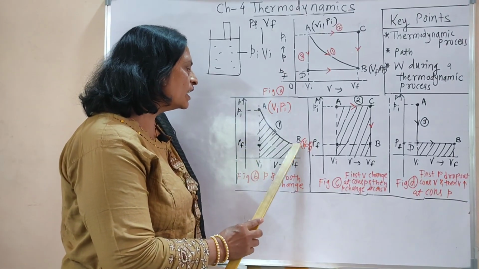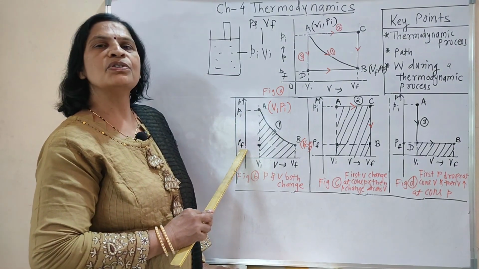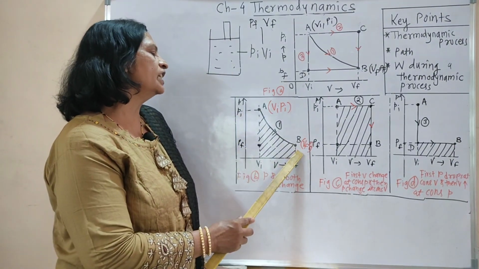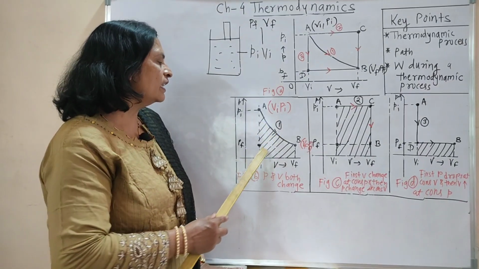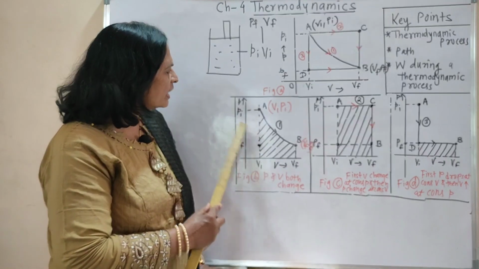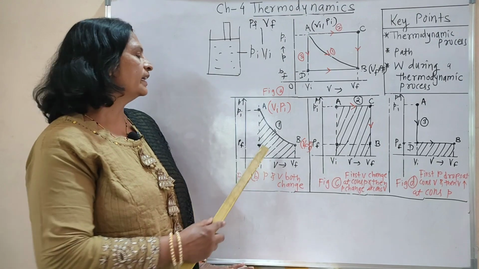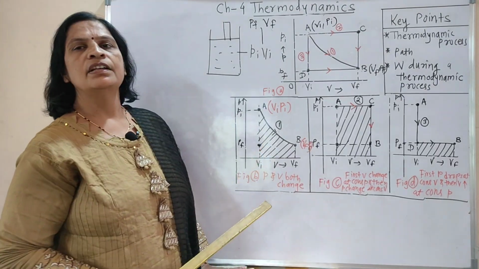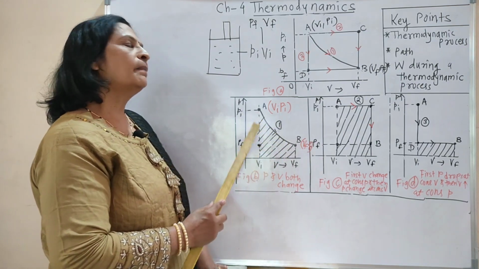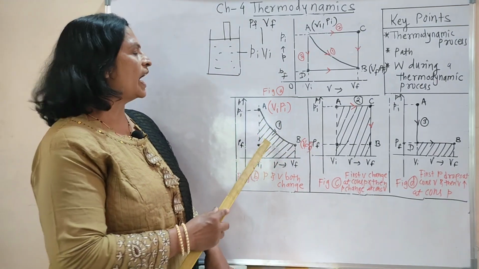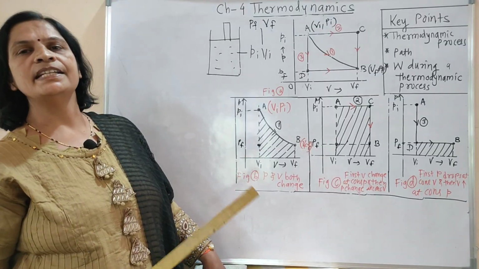Volume goes on increasing, pressure goes on decreasing, Pi to Pf. The area under the curve, means the shaded area in this PV diagram, gives you the value of work done, and that is the positive work done by that system.